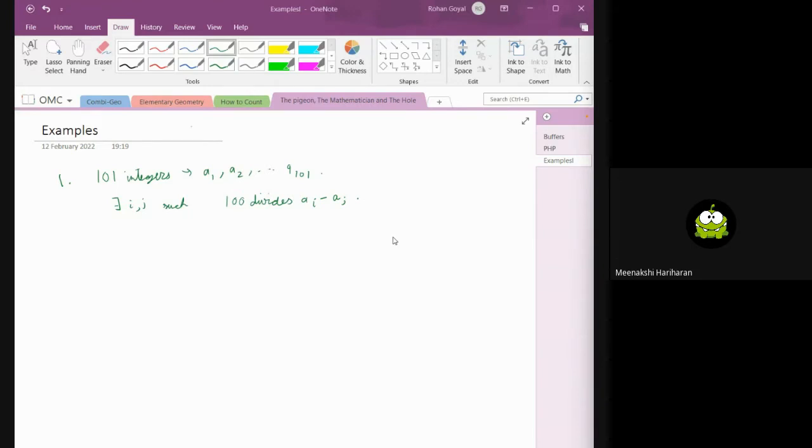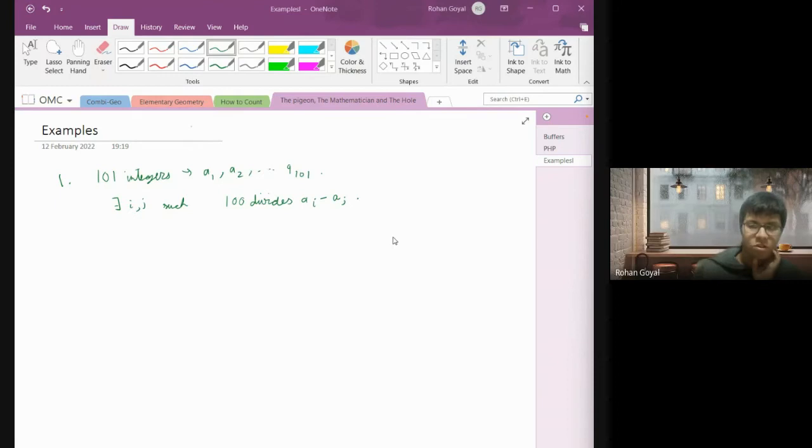Worst case scenario, there'll be two numbers with the same remainder mod 100. So what Meenakshi said is you can look at what remainder is left when you divide the number by 100. Since there are only 100 possibilities of the remainder, that is 0, 1, 2, ..., 99, there are two numbers which leave the same remainder.